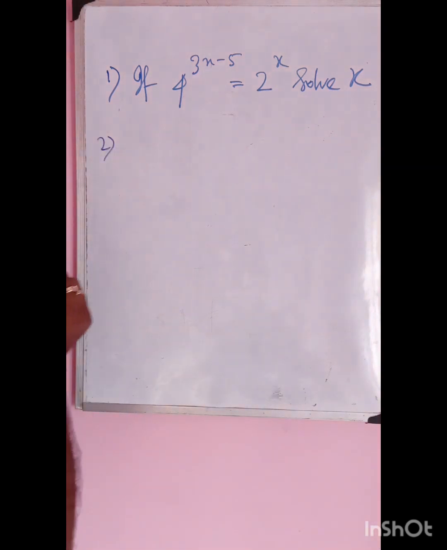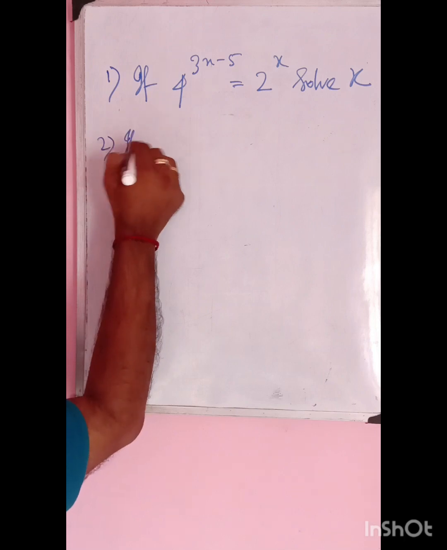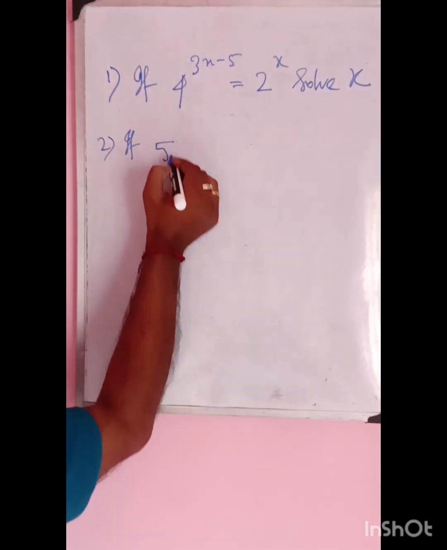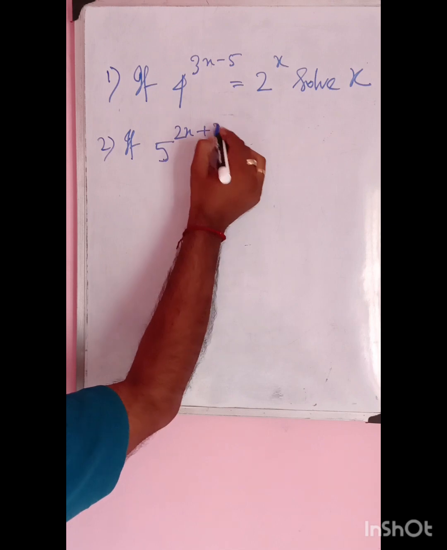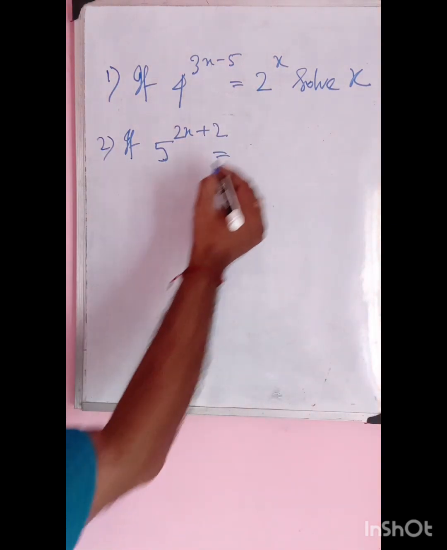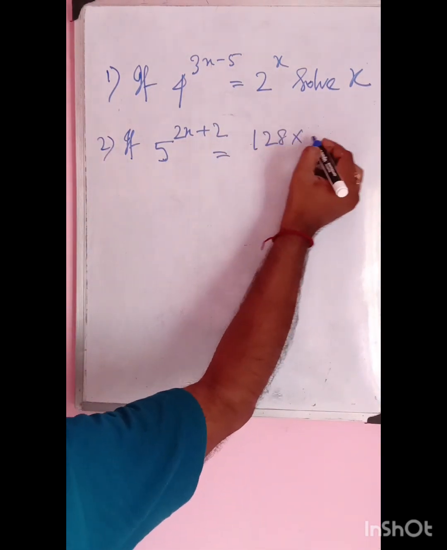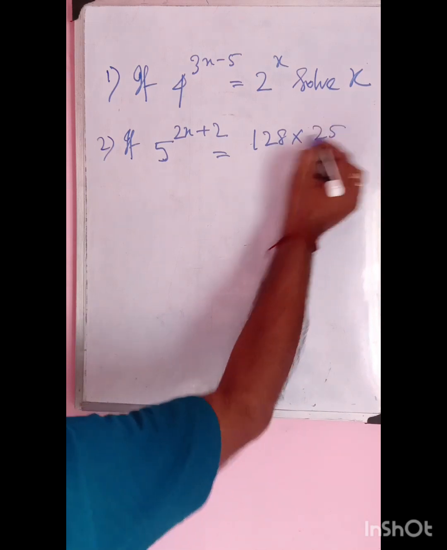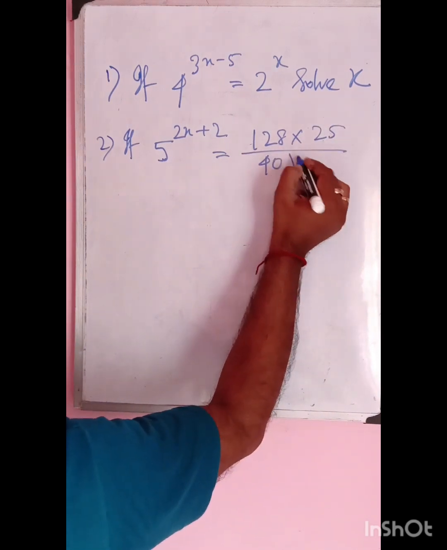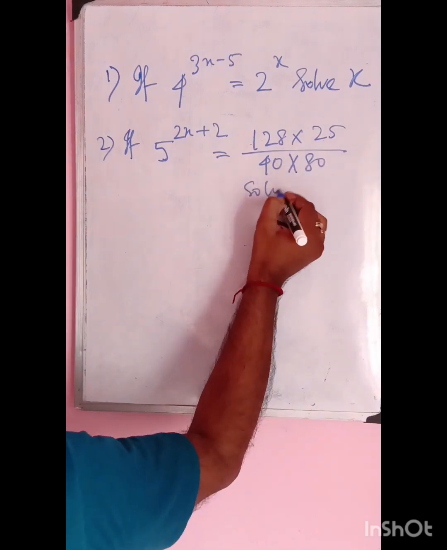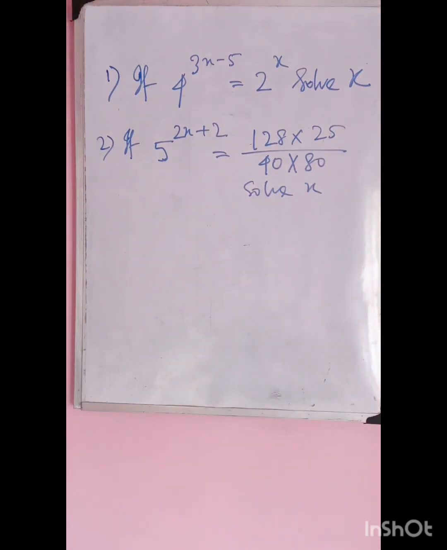Number 2, if 5 to the power 2x plus 2 equals to 128 into 25 by 40 into 80, solve x. You solve these 2 problems by yourself and send the answer to me through comment box.